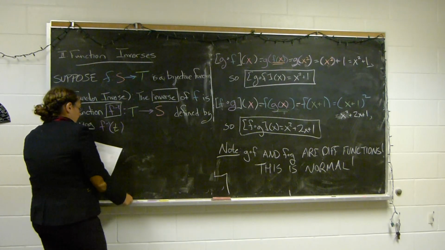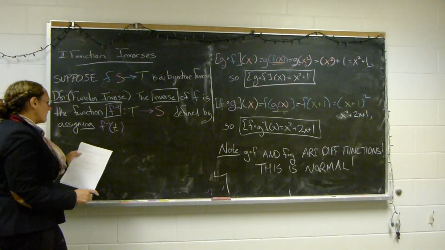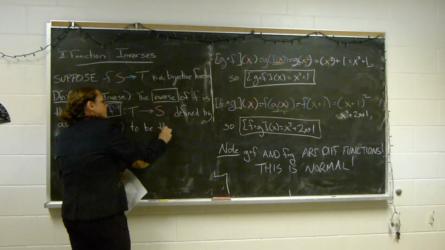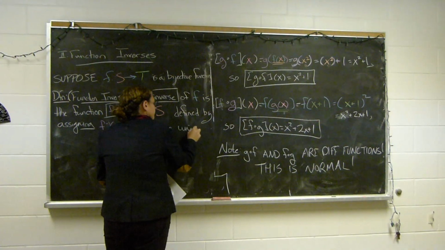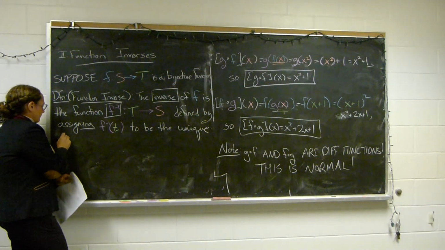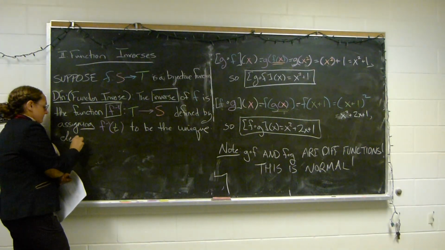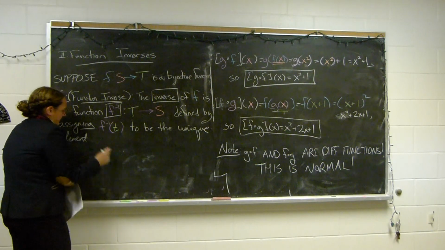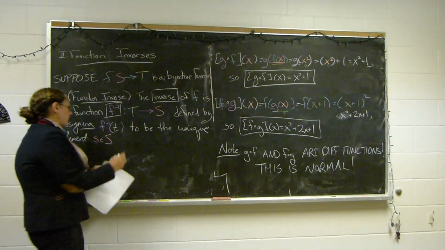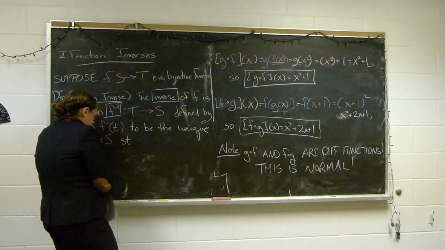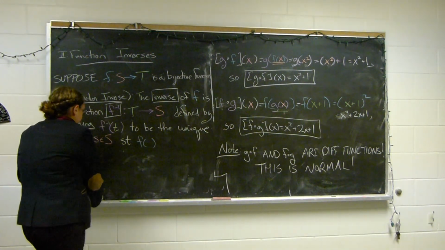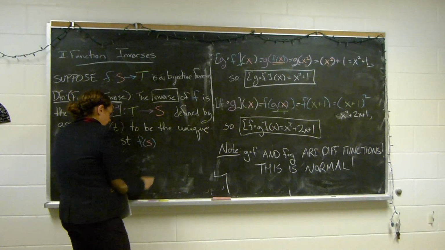Okay. So it's going to be the unique element in S so that if I apply this F to this little s, I would get out t.